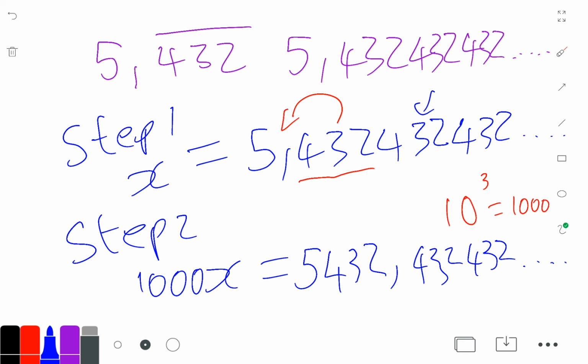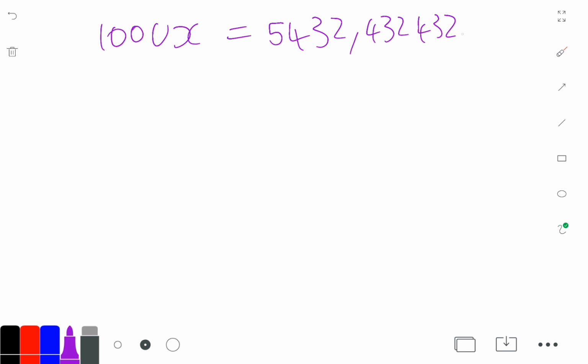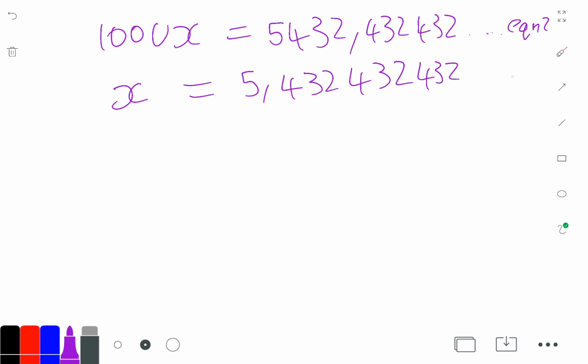And you will take the second equation and subtract the first equation from it. Let me go to a new page and show you how this works out. Now, what is 1,000x minus 1x? Because 1,000x and 1x are like terms, we can leave the x and subtract the numbers. So, what is 1,000 minus 1?